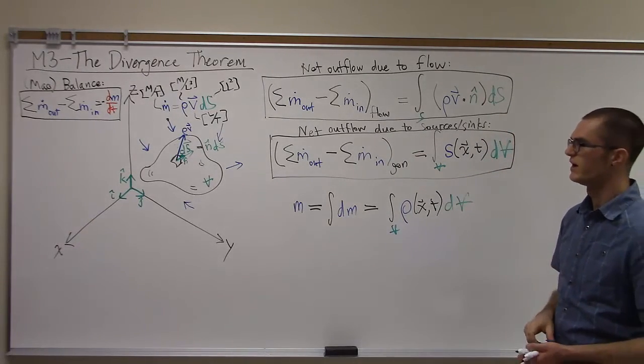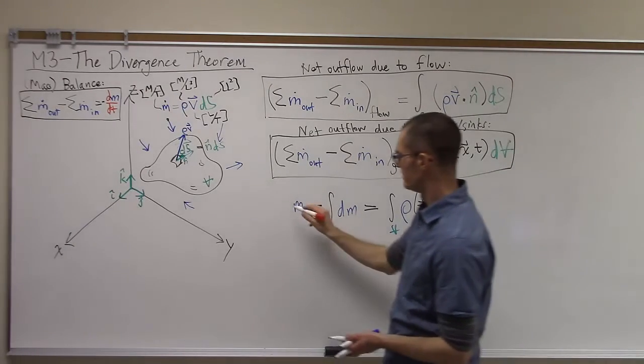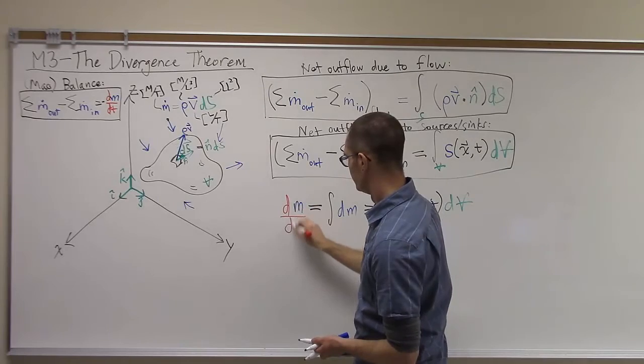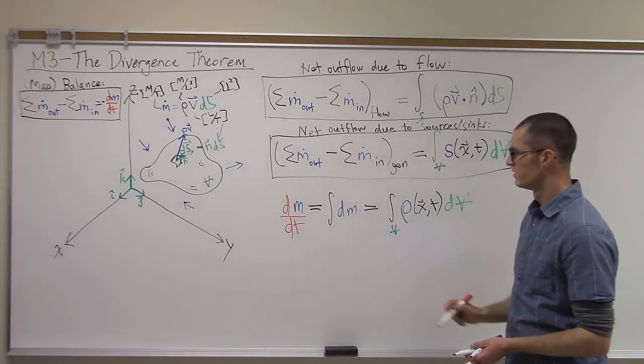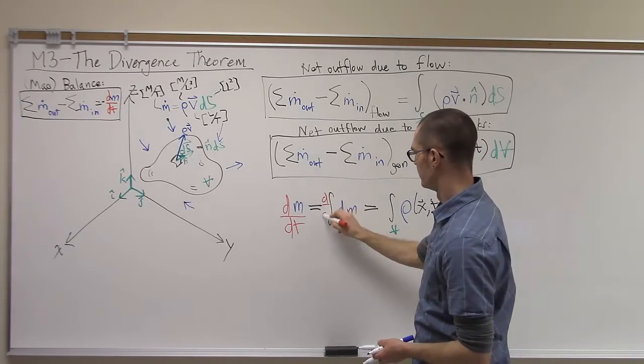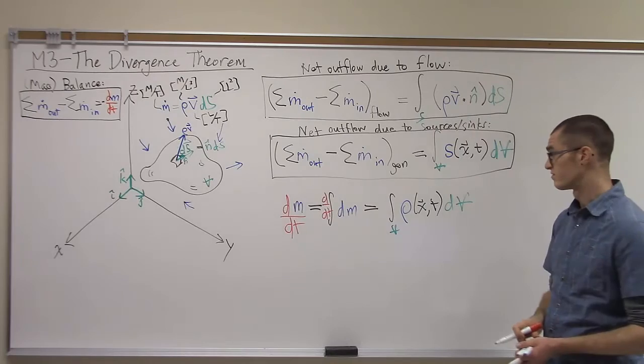Now looking at the right-hand side of that expression, the dm by dt I can get by taking the derivative of this. So I'll say that's the d by dt of that integration of the small pieces of mass.